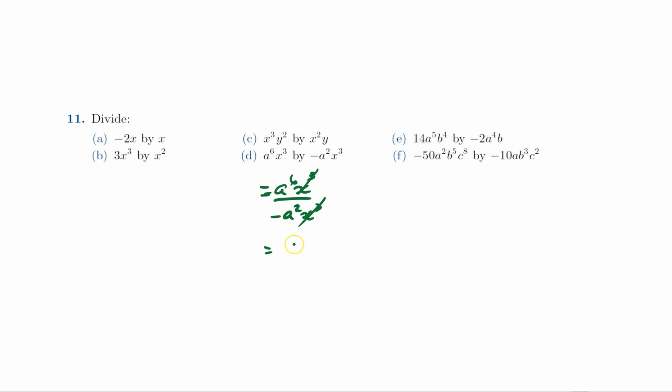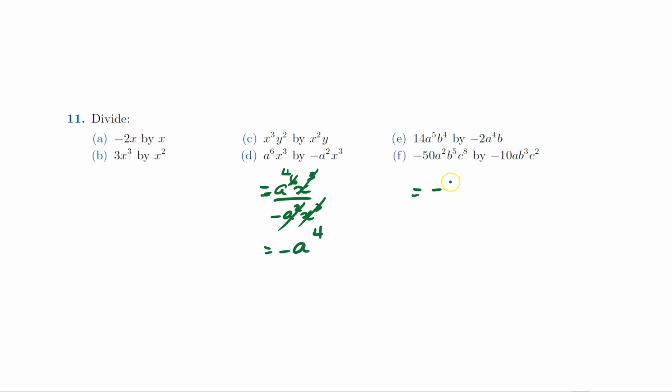So I've got a positive divided by a negative, so I'll have a negative answer. I can write that out the front, up the top, down the bottom, it makes no difference. And a to the 6th divided by a squared, we know that's a to the 4th by our rule, or we can think of it as these two a's cancel out with two of those to leave 4 of them. So minus a to the 4th is our answer to that one.